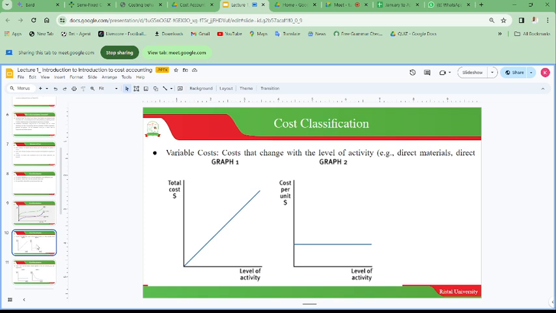It means as total costs increase with activity level, the cost per unit of variable cost remains constant. So as the total cost increases with activity level, the cost per unit remains constant. This is graph 2.